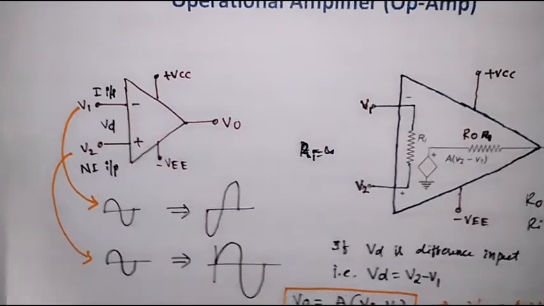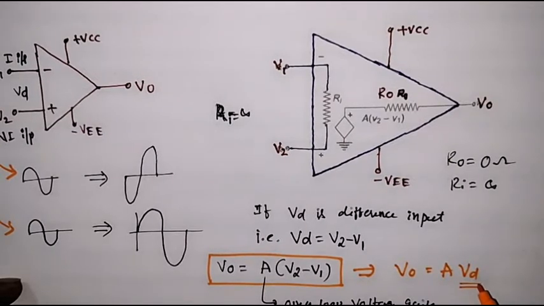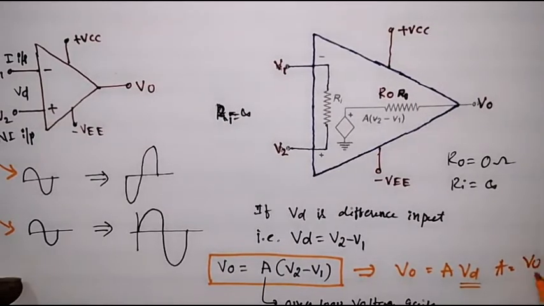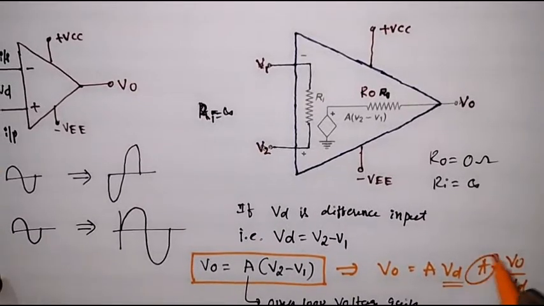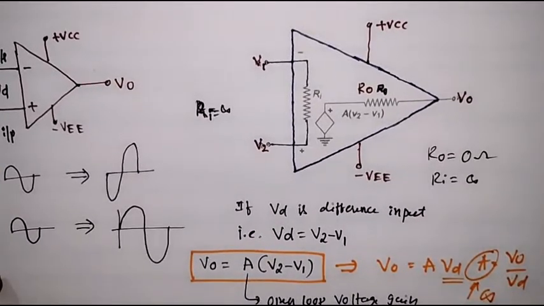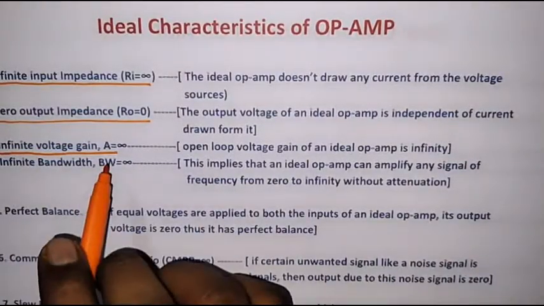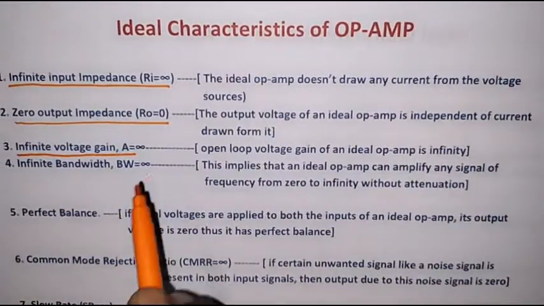Vd is equal to V2 minus V1. For ideal op-amp, the Vd will be essentially 0. If this value is 0, then we can write A is equal to Vo by Vd. If Vd value is 0, then definitely A value will be infinity. Therefore, the ideal op amp has infinite open loop voltage gain, that is A is equal to infinity.